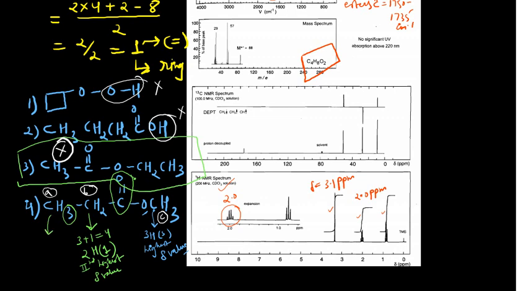If you look for this particular one, this should be your 3 proton triplet. Why triplet? In the neighboring carbon you see 2 hydrogens are there. So if you apply the n+1 rule, this would be 2 plus 1 equals 3. So here you can see this is the triplet, and that simply means this triplet should be your most upfield, that means lowest value of the chemical shift, somewhere around 0.5 ppm.